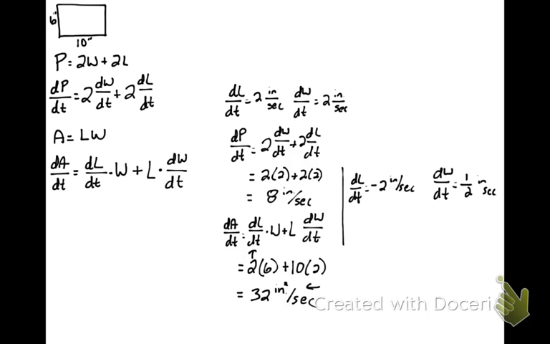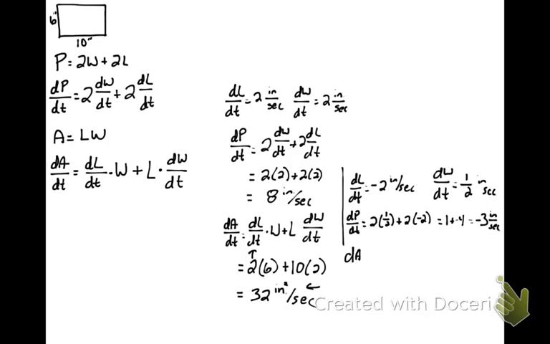So how does that affect the perimeter? Well, if we substitute different values into the same formula, the rate of change of the perimeter would be 2 times 1/2 plus 2 times negative 2. Or we find that the perimeter is changing by 1 plus negative 4, or the perimeter is decreasing by 3 inches per second.